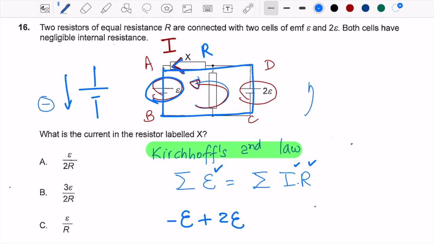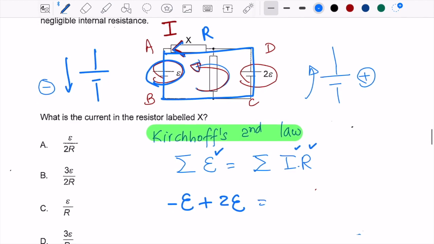Here you are moving negative pole to positive pole, so this is plus. Equals total current I, resistance R, so the current equals epsilon over R. This answer must be C.